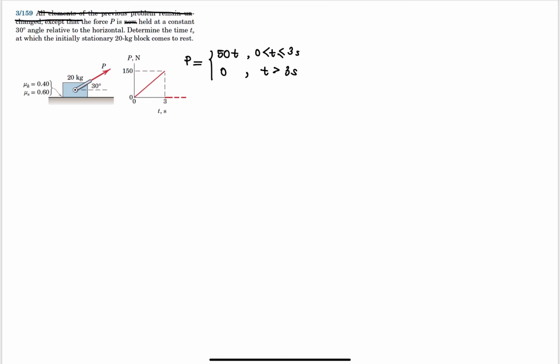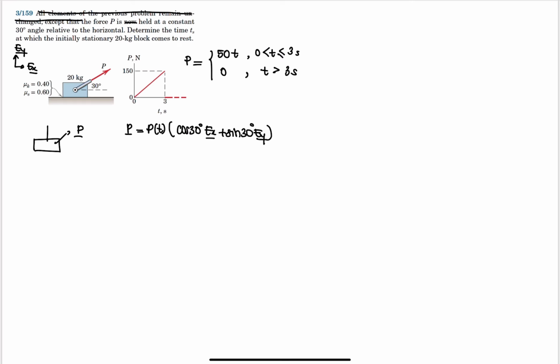So if I draw the free body diagram of the block, I need to choose my basis. P here has magnitude scalar P that's changing in time, and it's making a 30-degree angle with the horizontal. So its direction is cos 30 Ex plus sin 30 Ey. Great. What other forces are acting on the block?